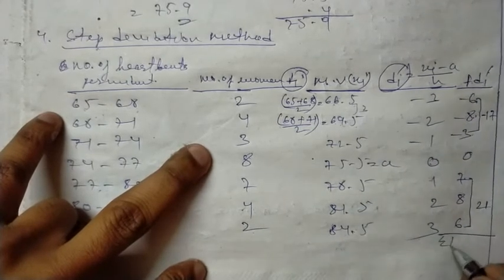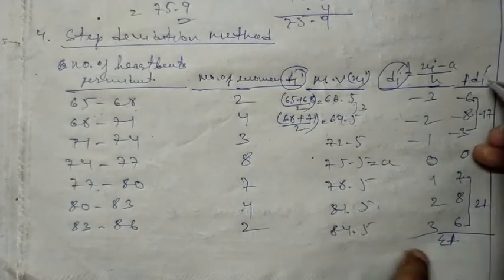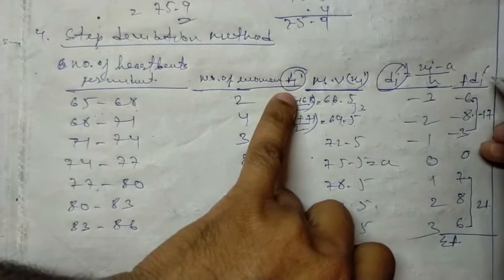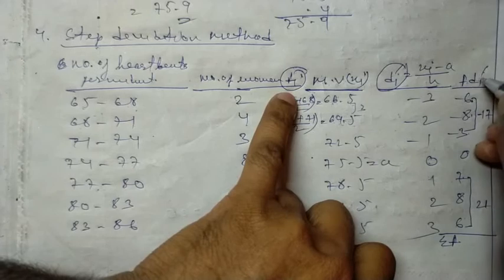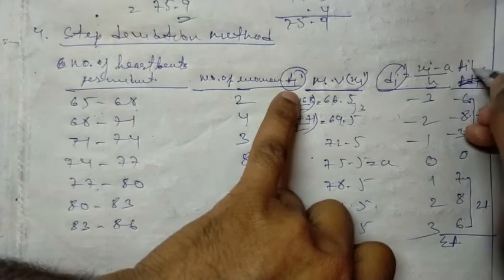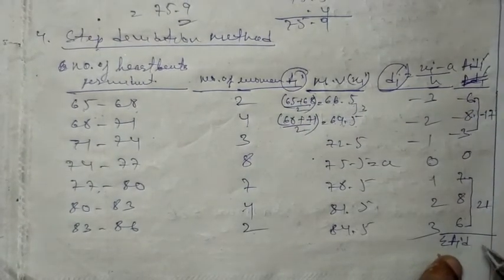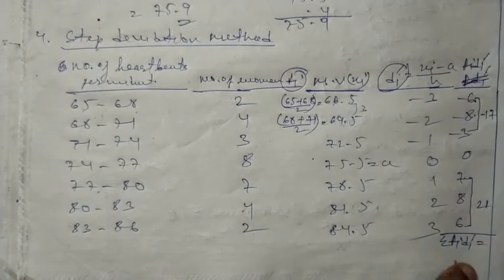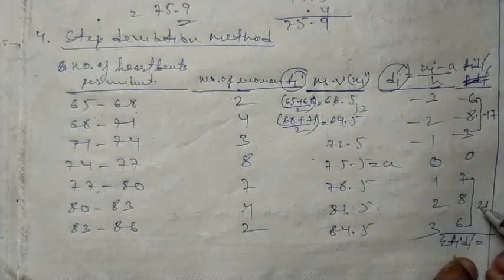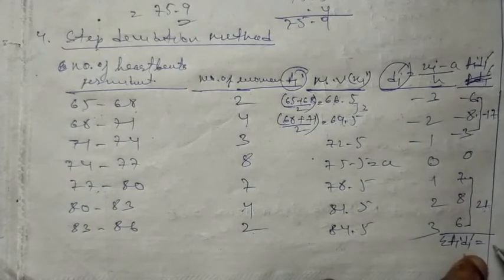It will be Σfidi dash. So the Σfidi dash value is 21 minus 17, what we will get here is positive 4.